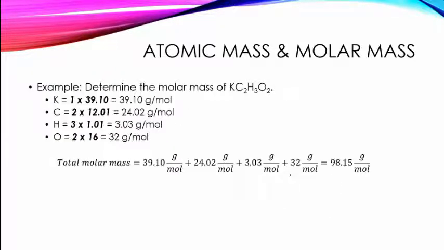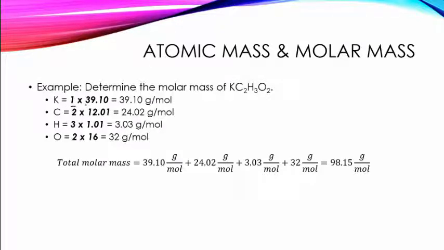Okay. So here's another example. There's a bunch of examples, but I'm going to go through this one fairly quickly. With this one, we have KC2H3O2. Again, we're going to take how many we have of each one times the mass of that element.